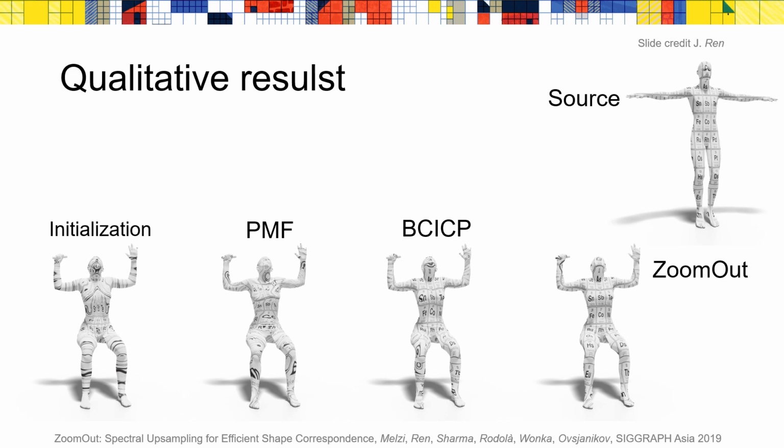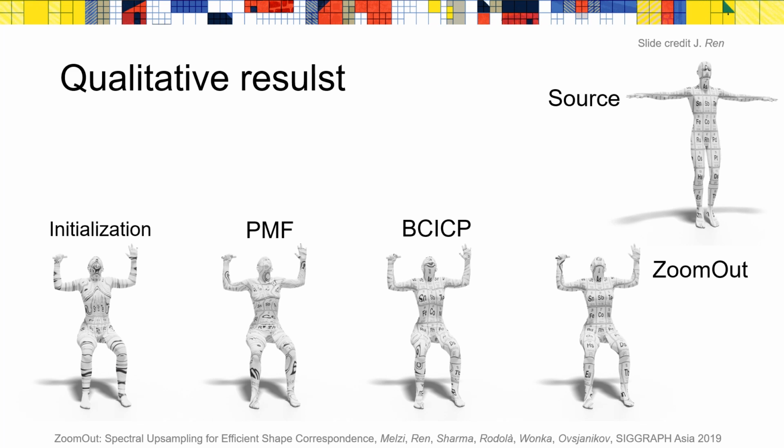So here I show you some qualitative results, and here the point-to-point map between the source shape on the top right corner is transferred to the target shape through different methods. On the bottom row on the left, we have the initialization and then the refinement with different techniques.